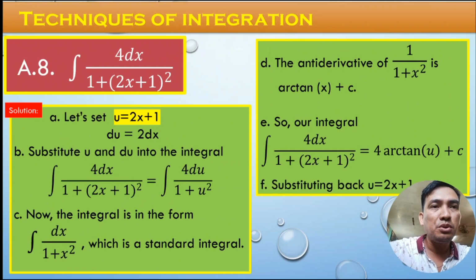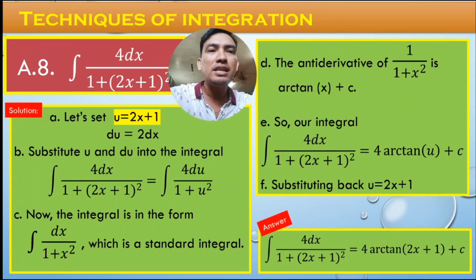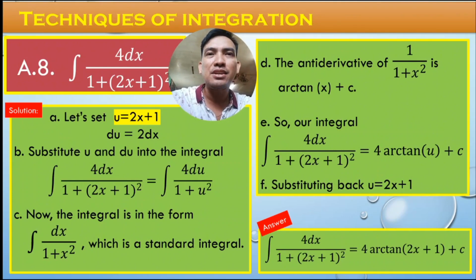So what shall we do with this one? We're going now to substitute back our u, which is our 2x plus 1. So our final answer is 4 arctan of 2x plus 1 plus c. So again, this is now our final answer for problem number 8.